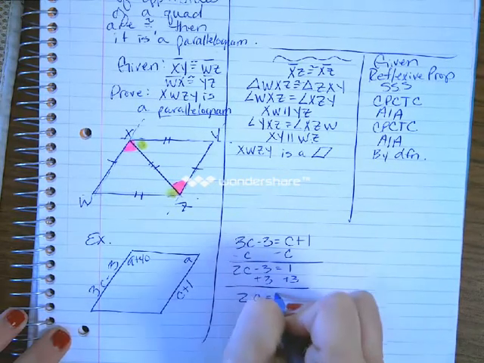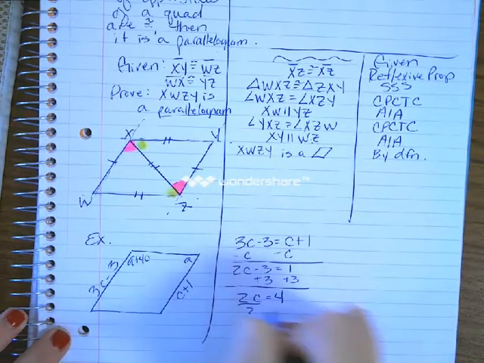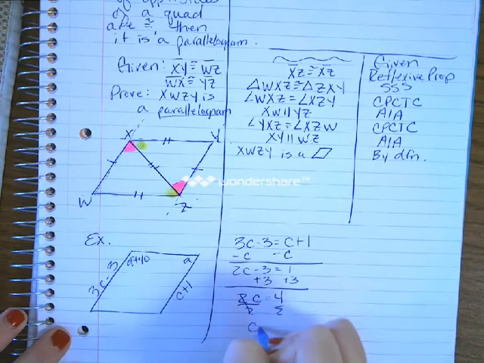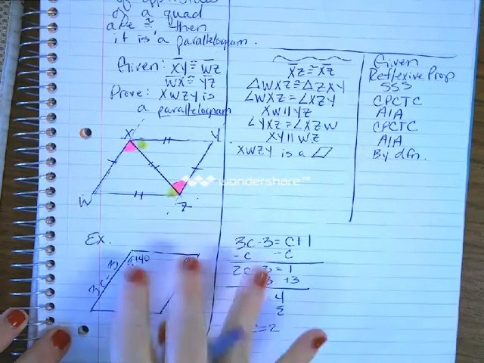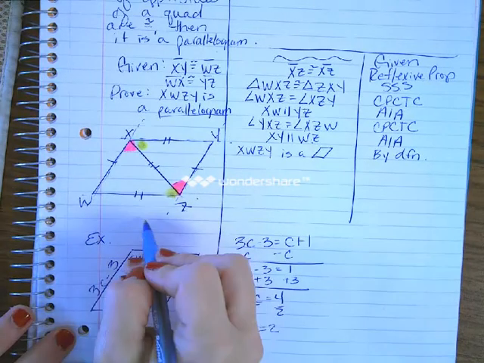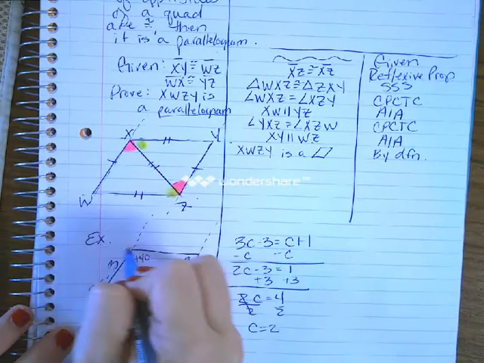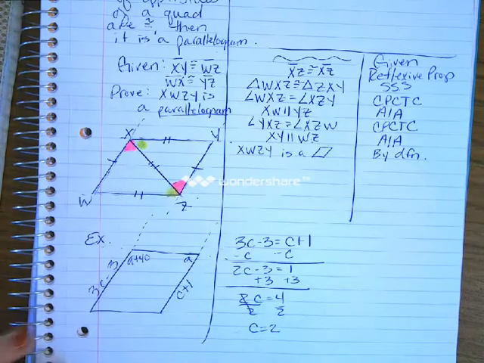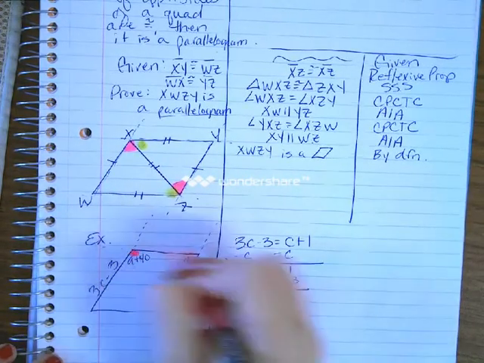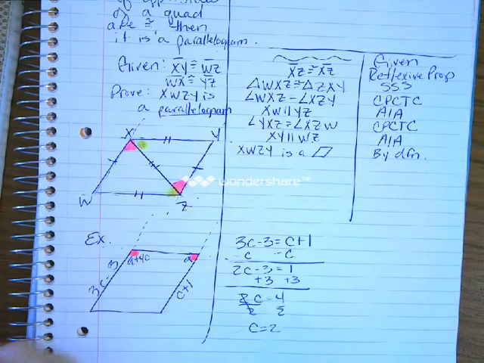Now, what do I know about these angles? Remember, we did this the other day. If I have parallel lines and a transversal, that makes this and this same side interior angles. We have same side interior angles, which means they're supplementary.